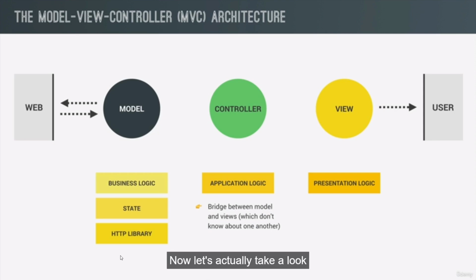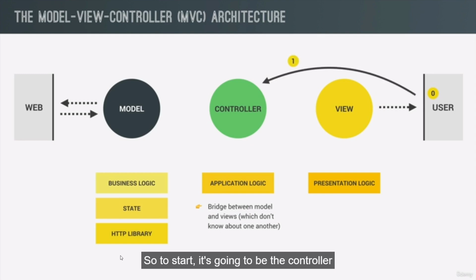All right. And now let's actually take a look at a typical flow of actions and of data as soon as some event happens on the user interface, for example, like a click. So to start, it's going to be the controller who will handle that event, because handling an event is doing something in the application, and that is clearly part of the application logic.